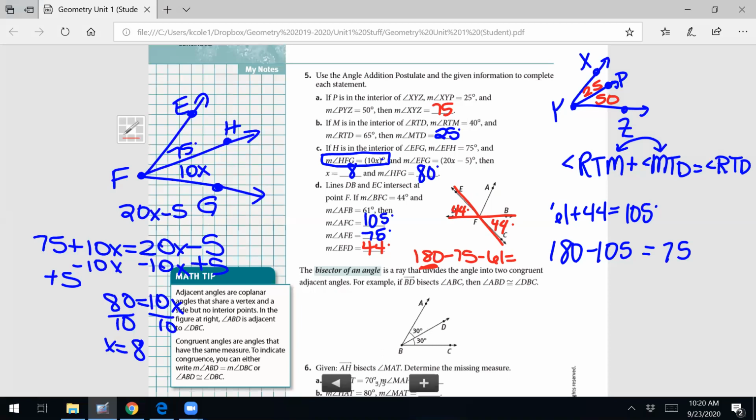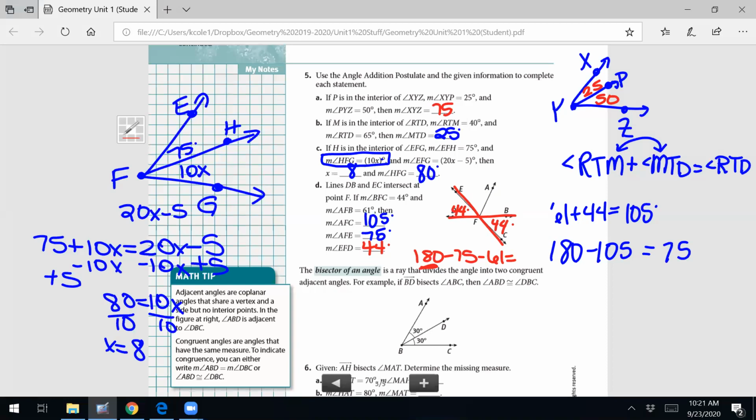All right, so then we have page 46, the middle of the page, says the bisector of an angle is a ray that divides the angle into two congruent adjacent angles. For example, if line segment BD bisects angle ABC, then angle ABD is congruent to angle BCD.